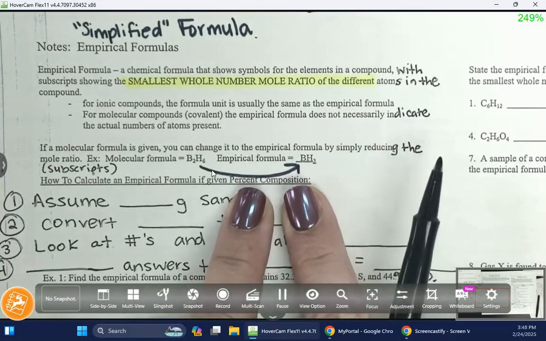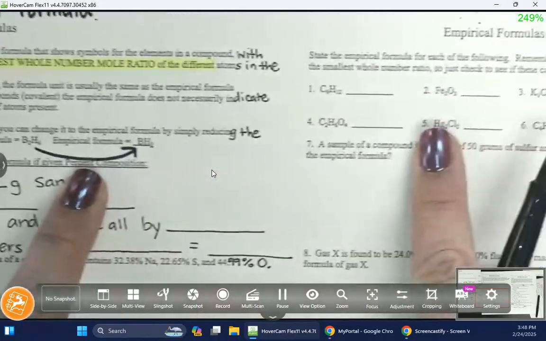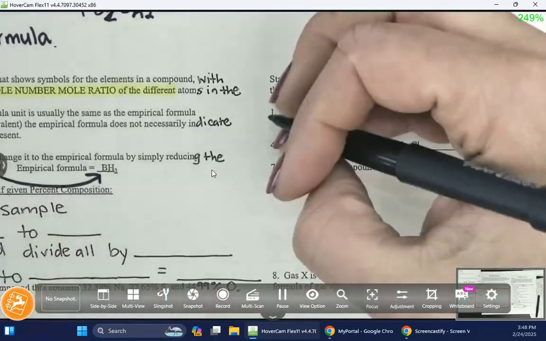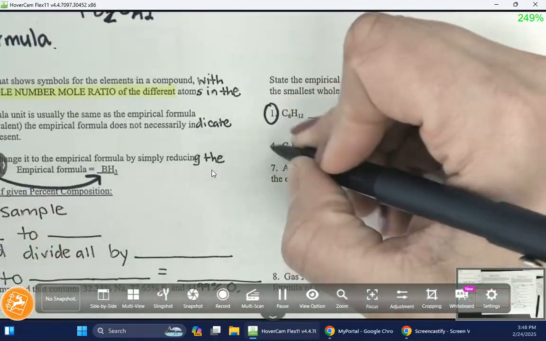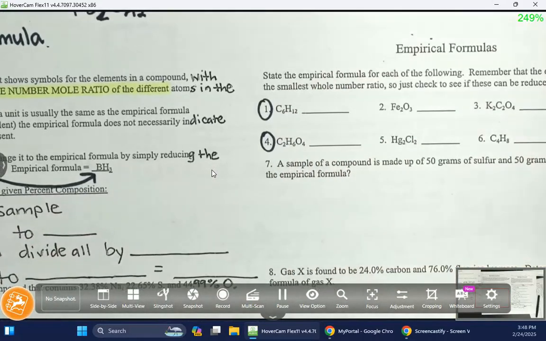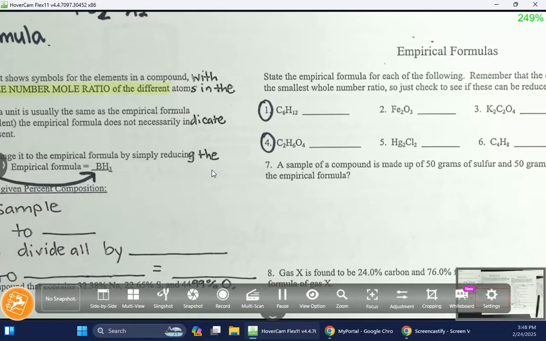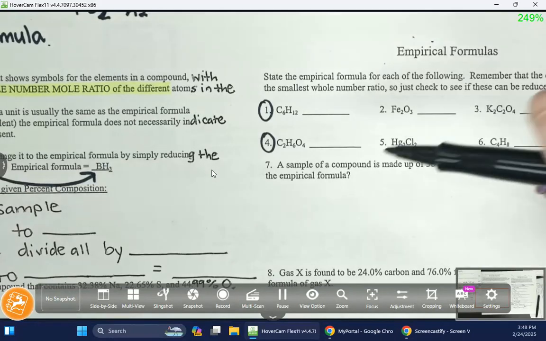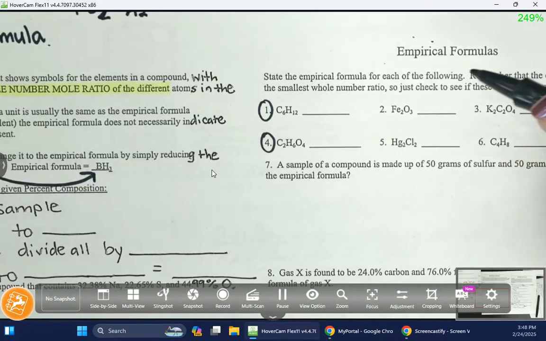So go ahead and take a look at the right-hand side of your paper. I want you to try number 1 and number 4. You're trying to decide what they can be divided by and what it simplifies down to.